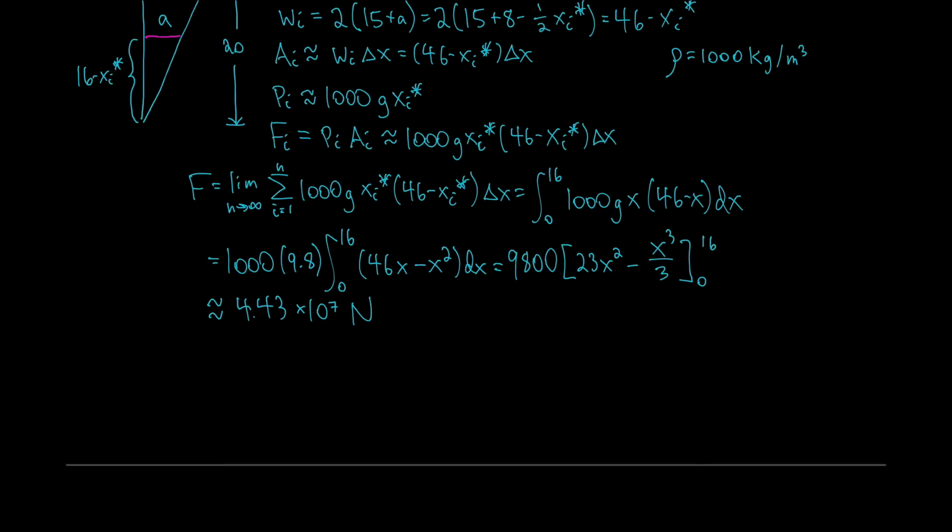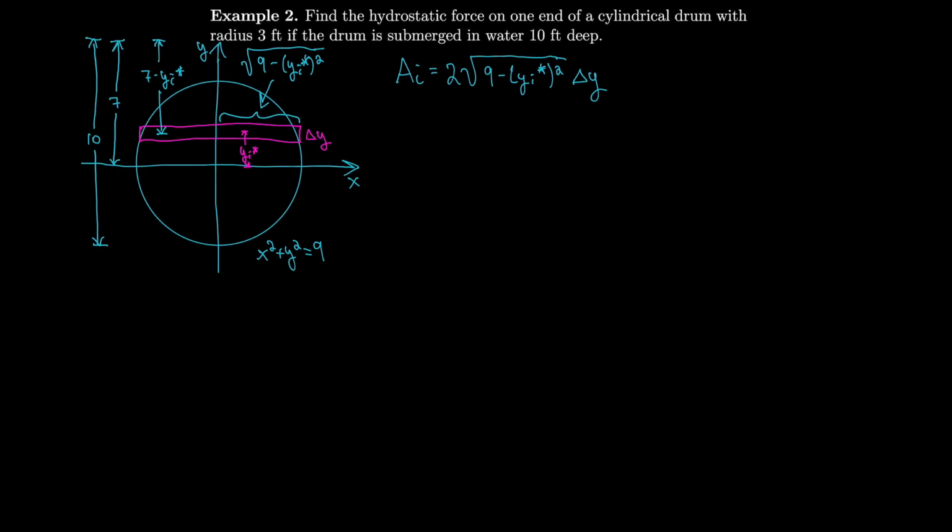So if I use the weight density of water, then I can just multiply it by the depth, and I'll be able to find the pressure. The weight density of water is delta equals 62.5 pounds per cubic foot. So that means that the pressure is approximately delta times the depth. So that's 62.5 times how far I go down, which we said is 7 minus yi star. So I'll just throw that in there.